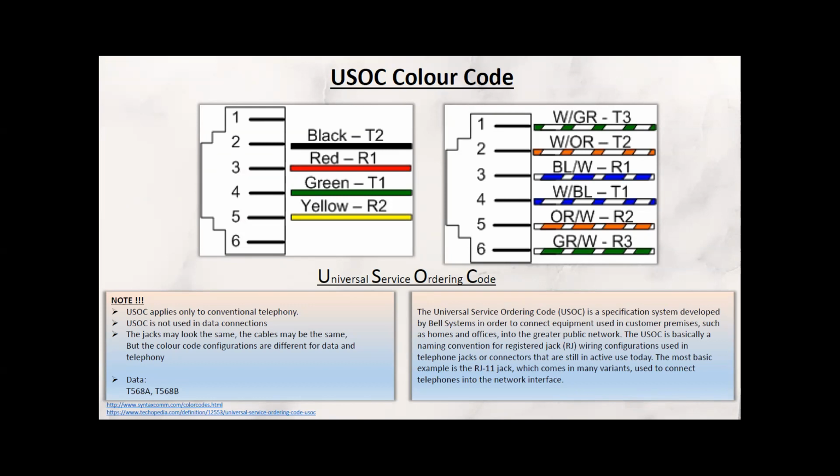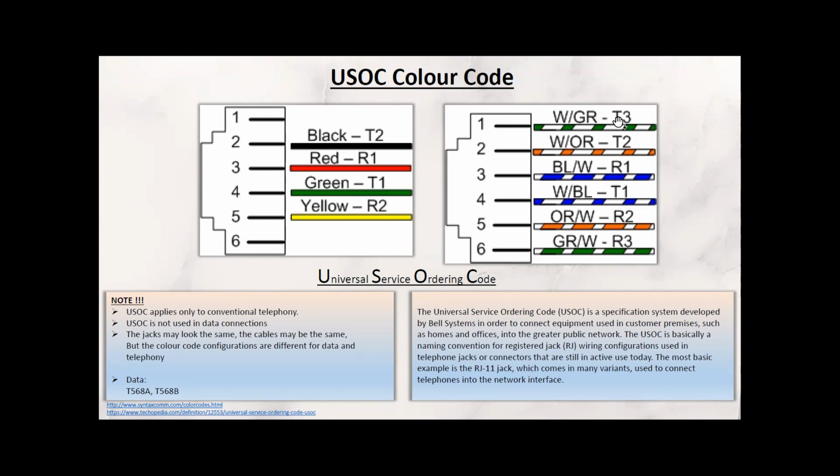USOC color code. We already talked about that. USOC stands for Universal Service Ordering Code. The two middle prongs are for the single line set. So here's pair 1, tip 1, ring 1, and then tip 2 and ring 2, and then ring 2, 3 and tip 3.